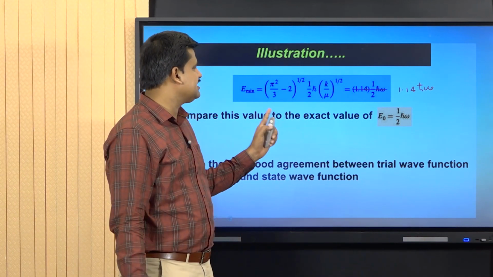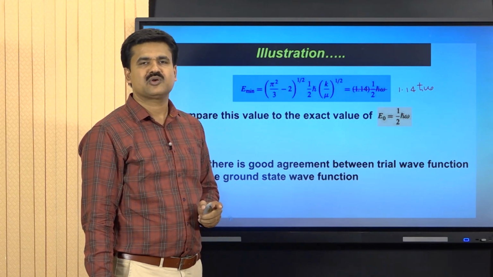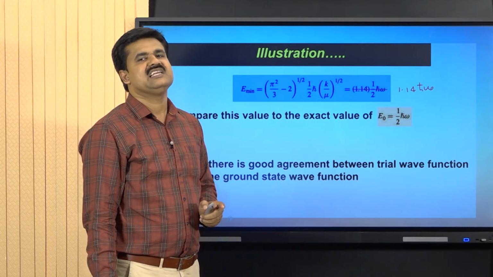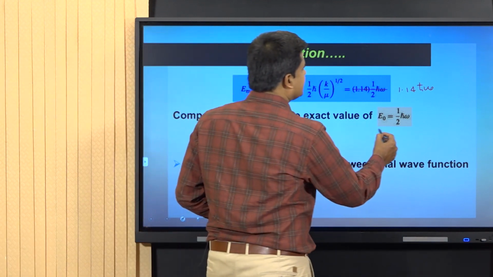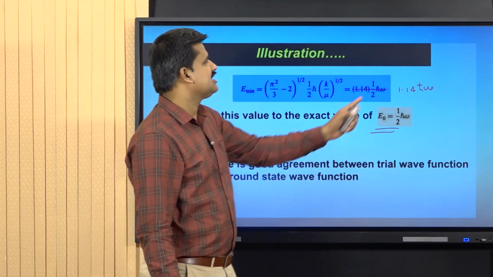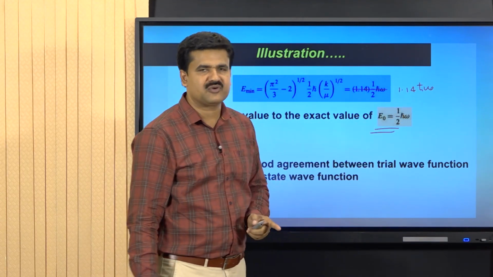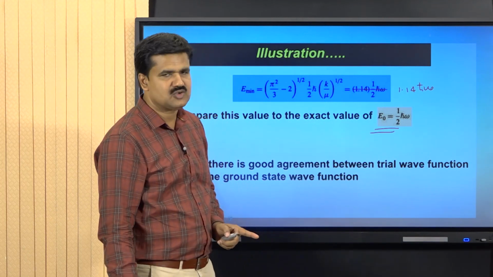Compare this value with the exact value. We already know about the simple harmonic oscillator. Its energy is already evaluated. Its ground state energy will be E0 is equal to half ħ omega. So, the present result is 1.14 ħ omega and the actual result is half ħ omega.